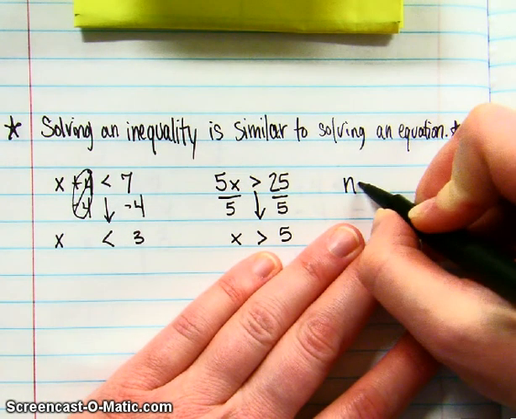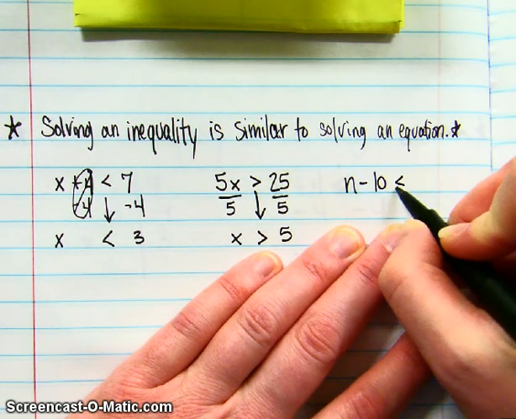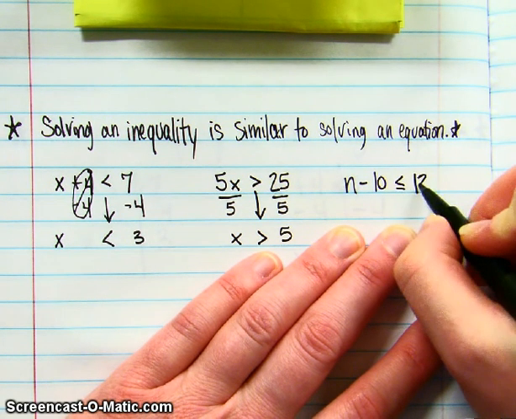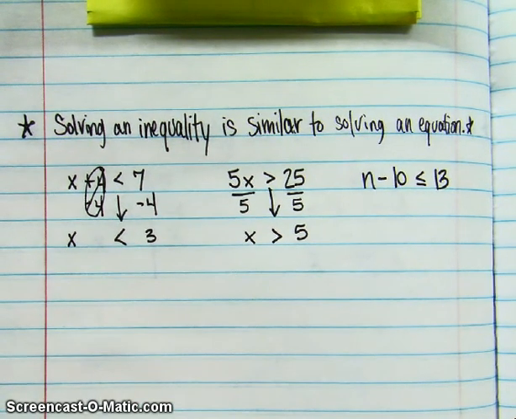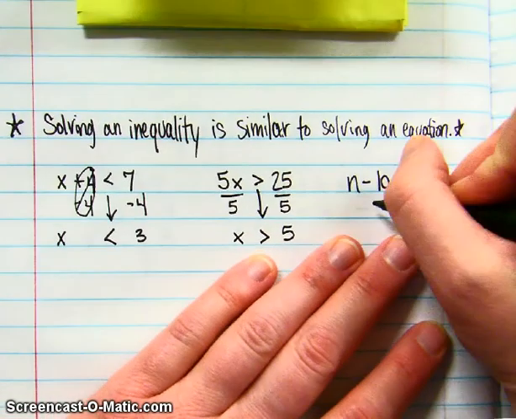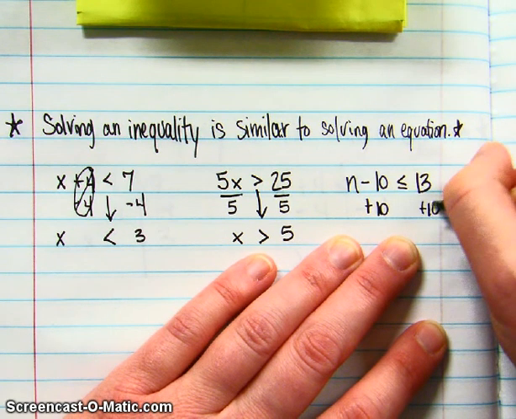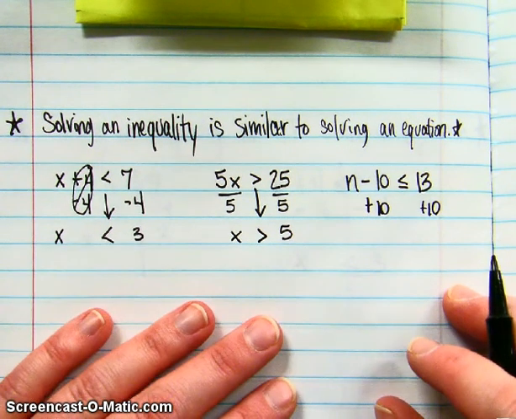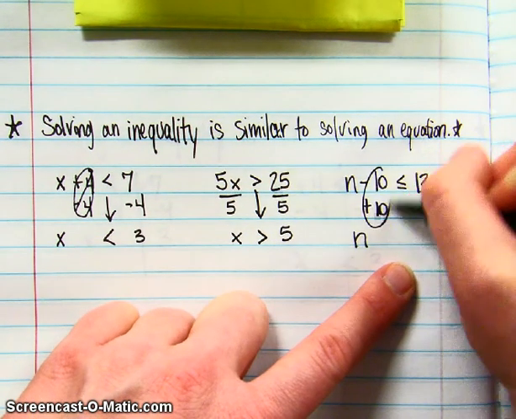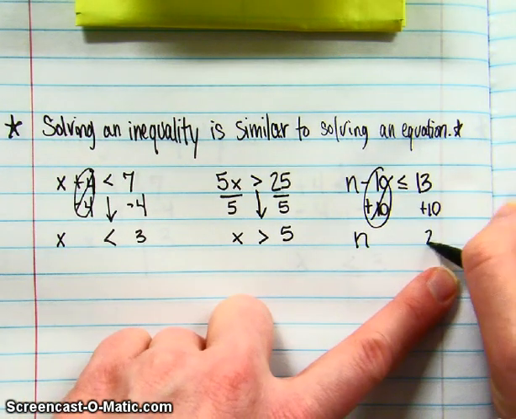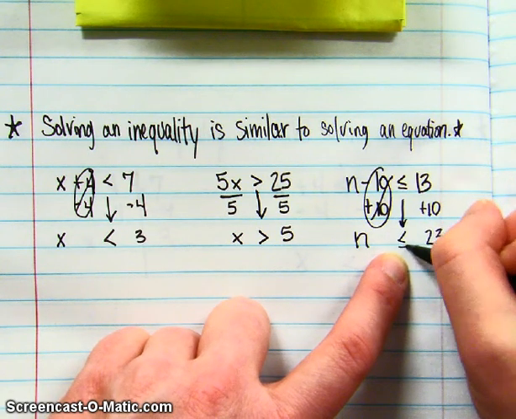What if I had n minus 10 is less than or equal to 13? Well, if it were an equation, I would add 10 to both sides. And that would leave me with n and 23, and then this less than or equal symbol.